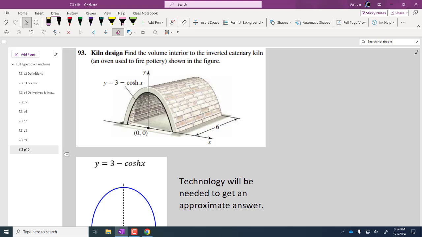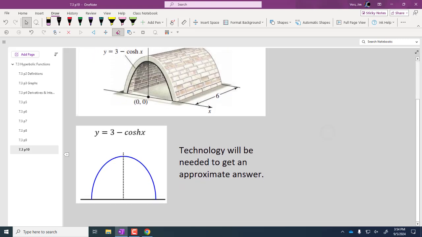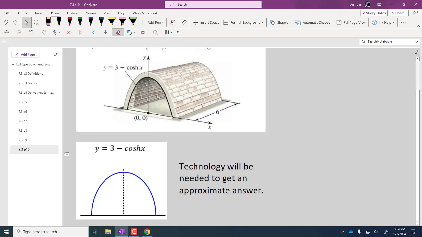So 3 minus cosh, that's the curve out in front. We've got it 6 meters deep, or 6 units of length deep. And we want the volume, so obviously we're just trying to find the area underneath the curve and multiply by 6.